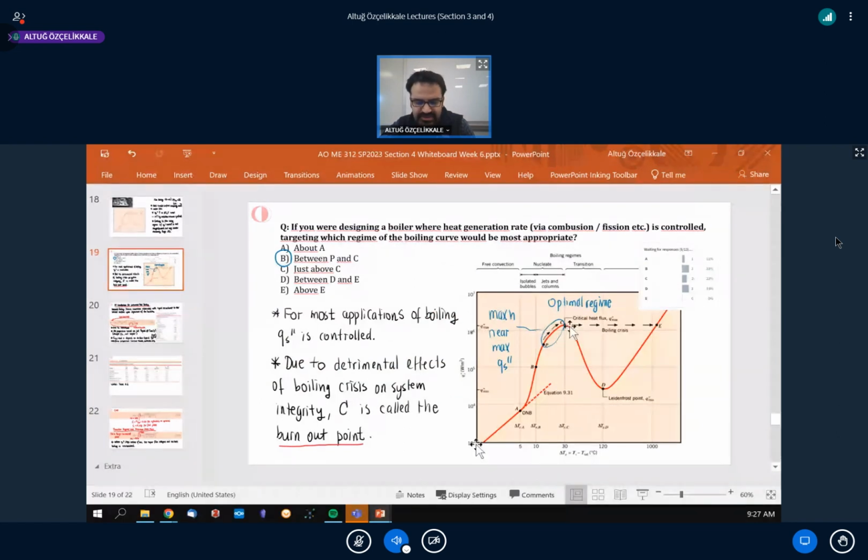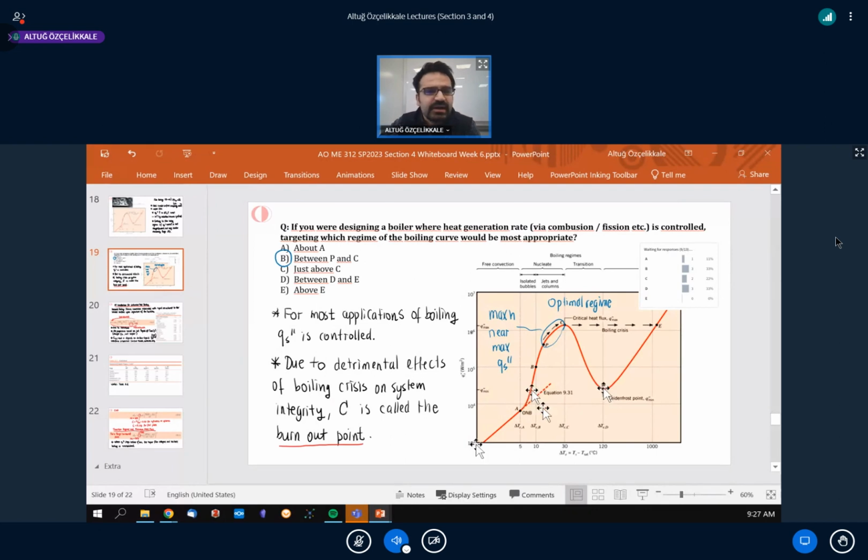The jump occurs in the temperature. And then when you go back from here by decreasing the heat flux, again, the heat flux is not jumping, but the jump occurs back in the temperature and you go back to nucleate boiling. That means the vapor film condenses from D and you find yourself somewhere between A and B with the isolated bubbles. And then when you further increase or decrease the heat flux, you are going to be going up and down in this curve, right? So this is kind of the story behind that.